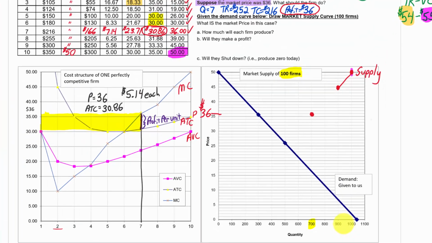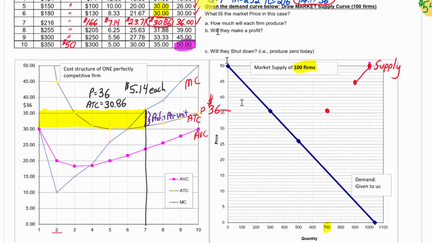So make sure you're doing this along with me here. If the market price was 39, each firm would produce 8 units. 8 times 100 is 800. So $39, 800 units. And we already plotted $36 and 700 units. The next marginal cost is $30 and 600 units. $30, 600 units.